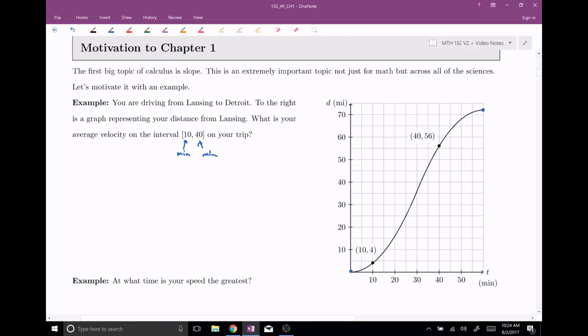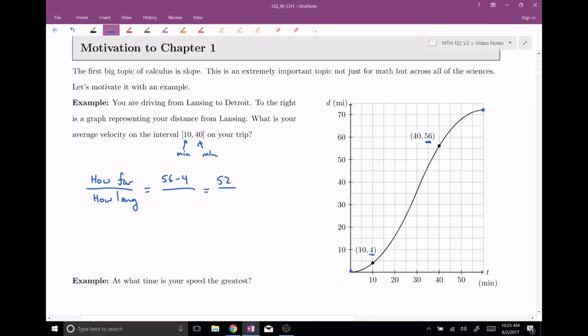And the claim is this question can be solved using slope. If I want the average velocity, I would ask, how far did I travel, divided by how long it took. Well, we started 4 miles away from Lansing, and we ended up 56 miles away, so this is 56 minus 4, that's 52.